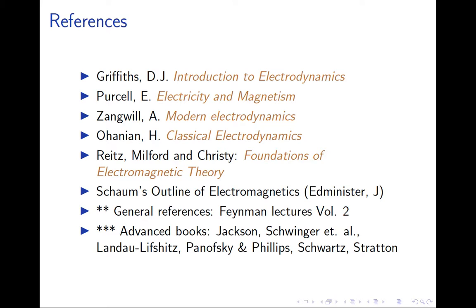By way of general references, of course, Feynman Lectures Volume 2. Feynman Lectures, as most of you know, is a great resource for the undergraduate for general physics. It was delivered and written by Richard Feynman, one of the best physicists of all time, a Nobel laureate, a great orator, and a very original thinker.